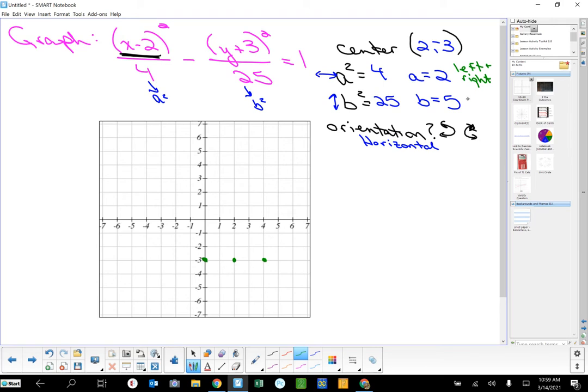And then we're going to go up and down 5. 1, 2, 3, 4, 5. 1, 2, 3, 4. Oh, that's convenient. 5. Okay, now what you're going to do with those, instead of drawing an ellipse, is you are going to draw a dotted line or dashed line, whatever you want to consider that. Draw a dotted line box to connect the 4 dots.